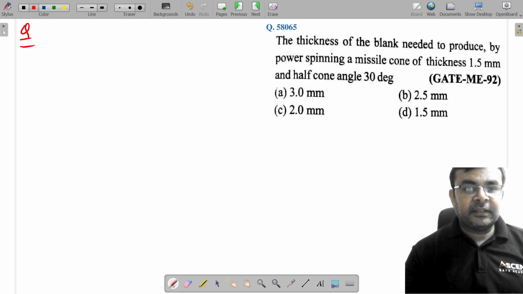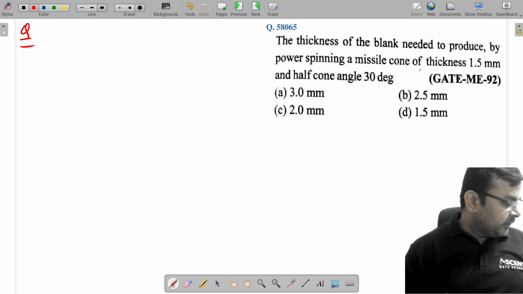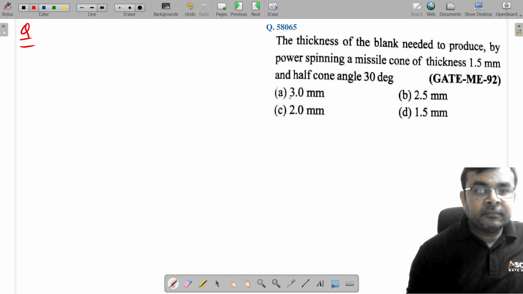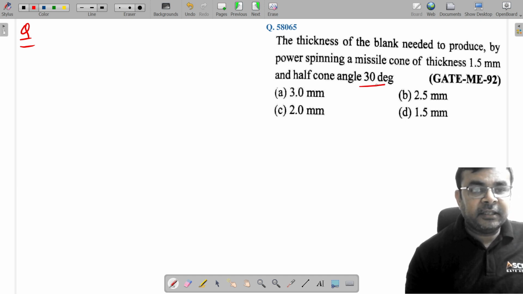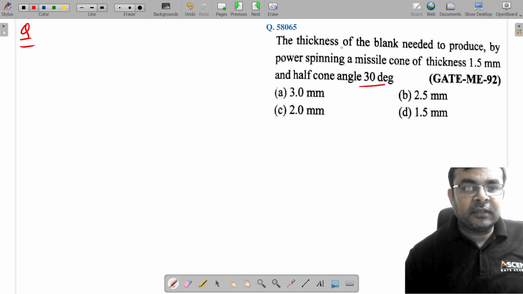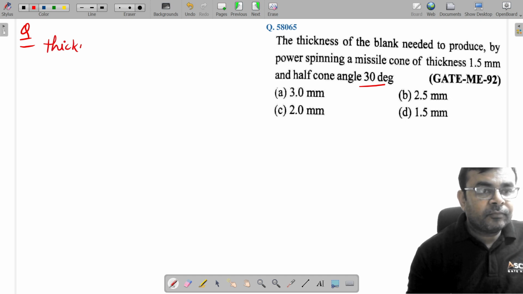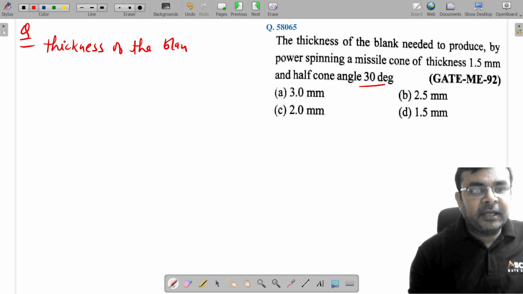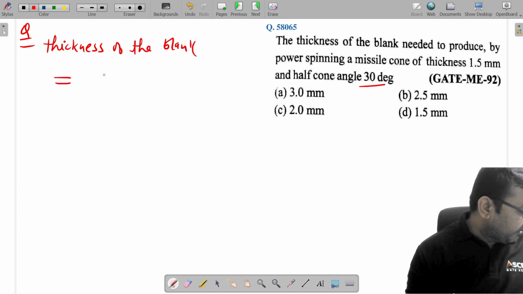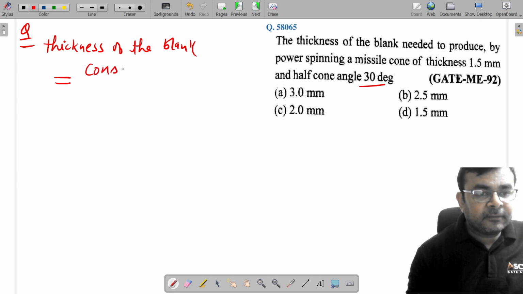Okay, what about this? The thickness of the blank needed to produce by power spinning of a missile cone. The thickness is 1.5 mm and the half cone angle is 30 degrees. So here we need to calculate the thickness of the blank. This is actually a spinning operation. Thickness of the blank is nothing but cone thickness over cos 2 alpha.